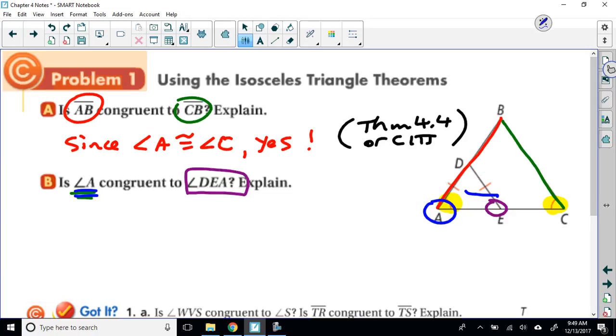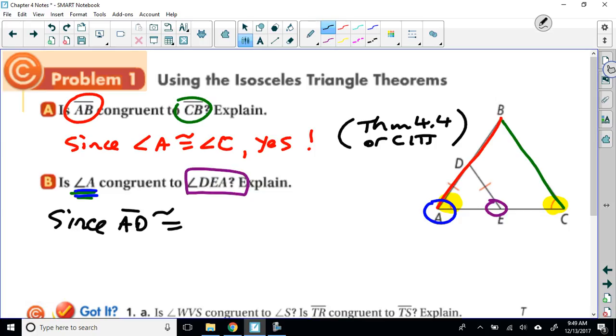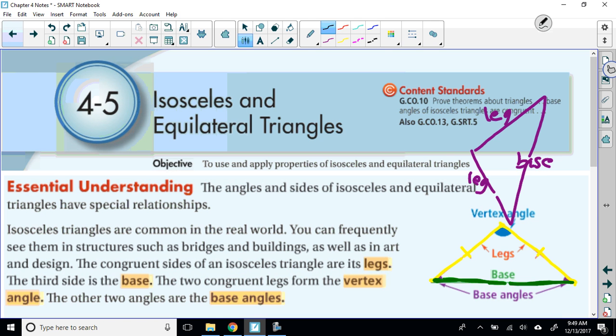Because of those hash marks, again, we could say since AD is congruent to ED, yes, those angles are congruent. How do we know that? Well, let's take a look at those two theorems.